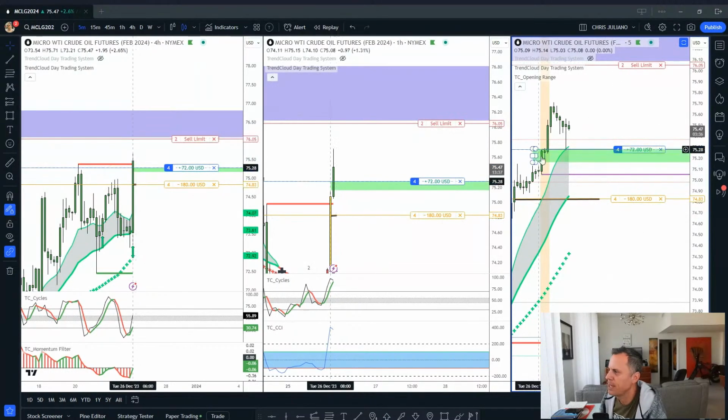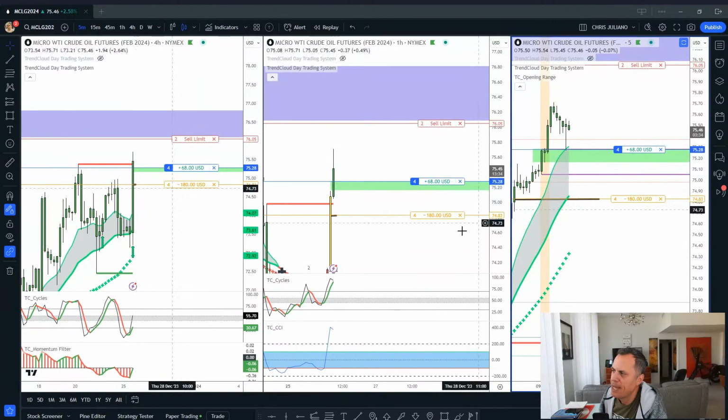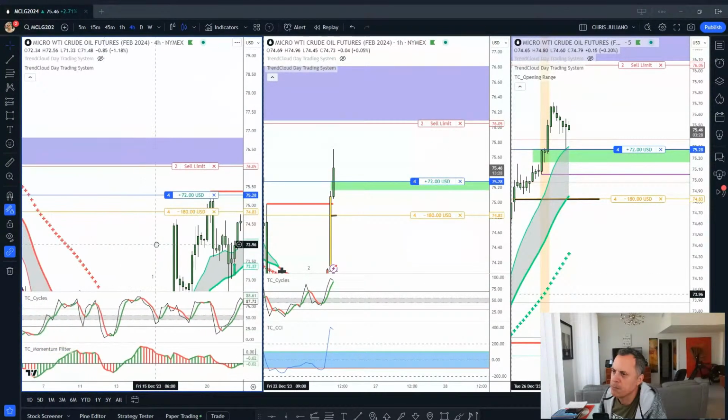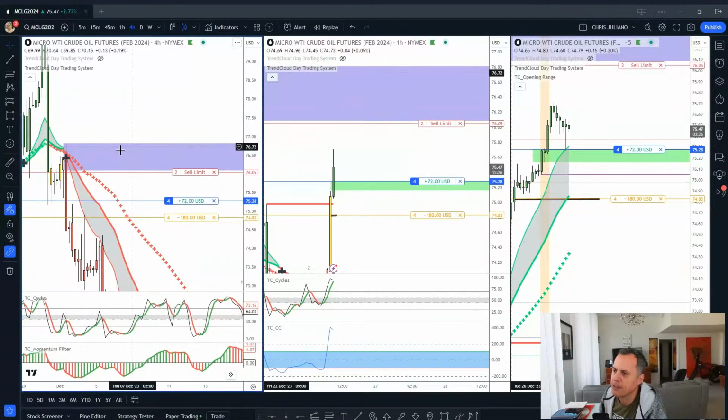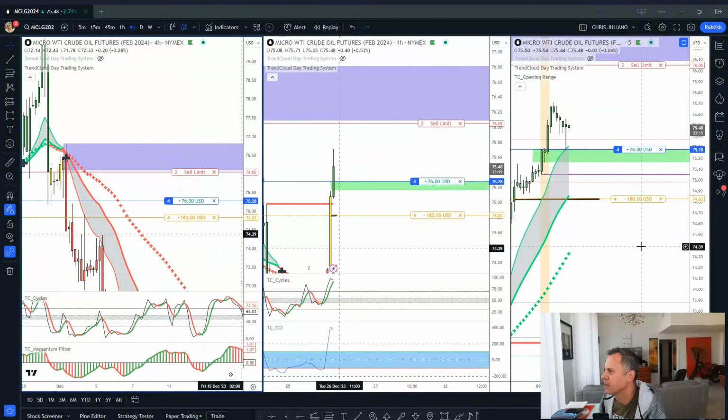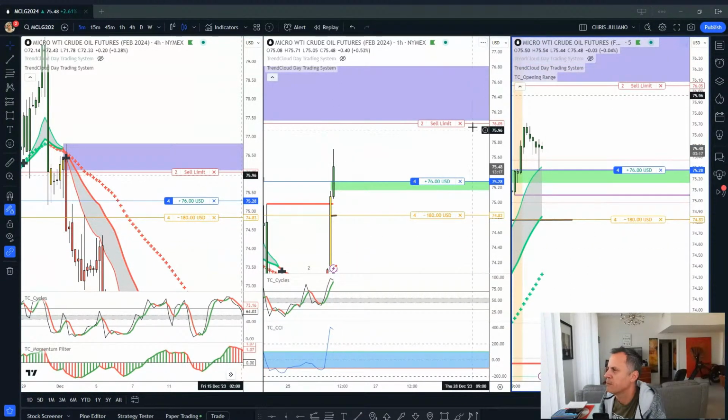Okay, and if it does pull back deeper, it's pulling back into a heck of a lot of momentum, right? Now, if big institutions come in here and they start selling the rips, we'll know about it. Wow.